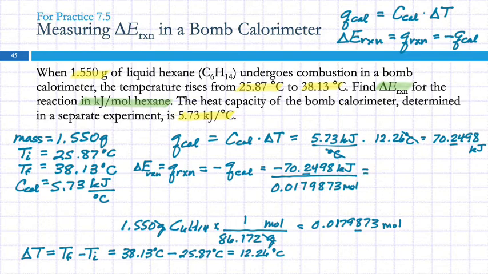So I've got negative 70.2498 divided by 0.01798773, negative 3905.5 kilojoules per mole of hexane. 3 sig figs.